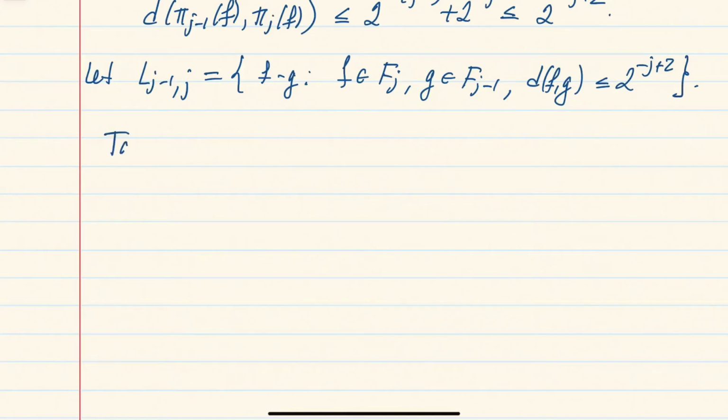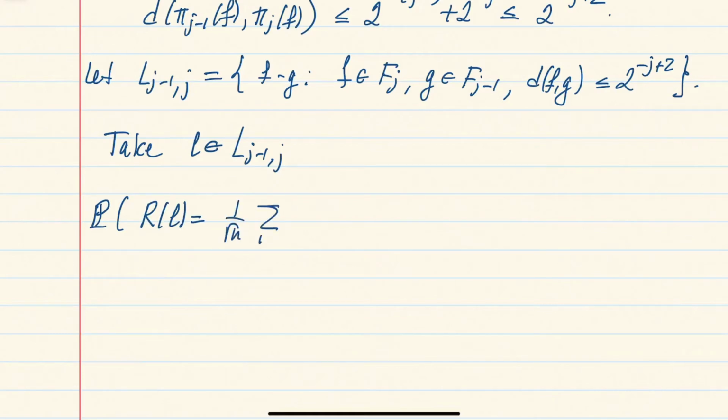If we take one element in this set of links, then by Hoeffding's inequality we can control the Rademacher process on this link, which is just 1 over square root of n, the sum of epsilon_i L_i.